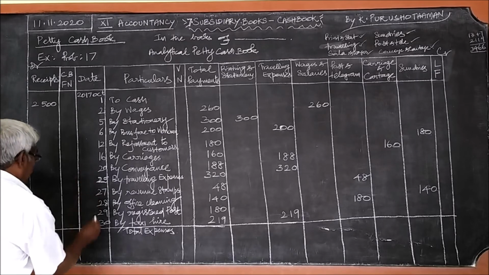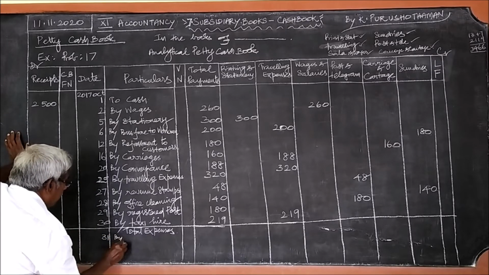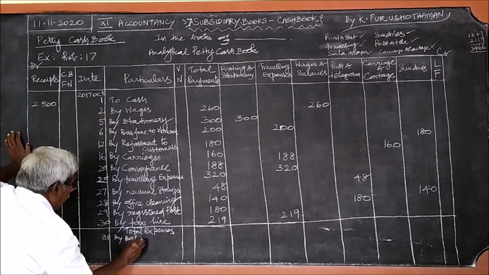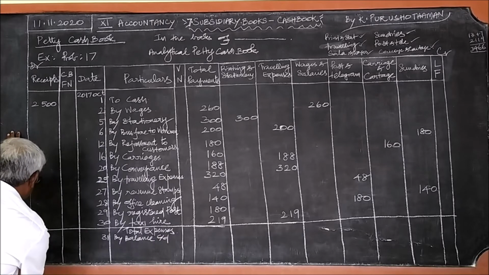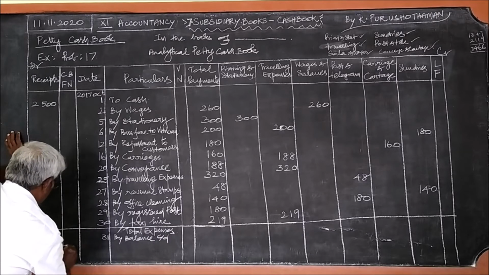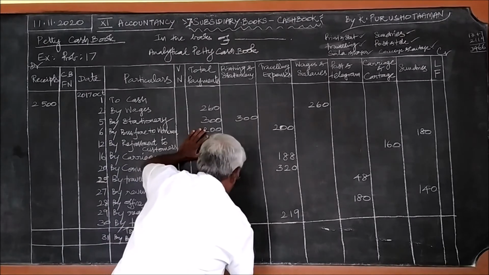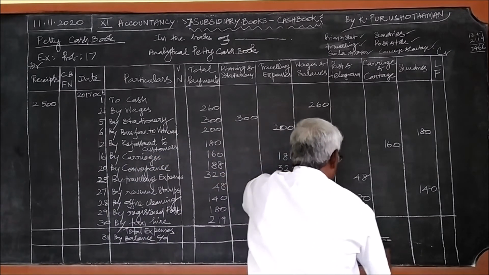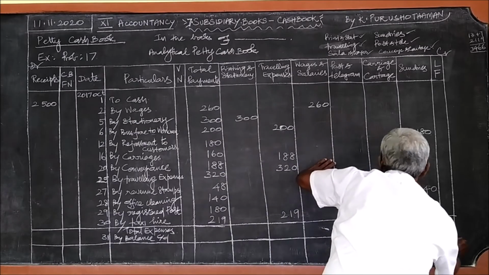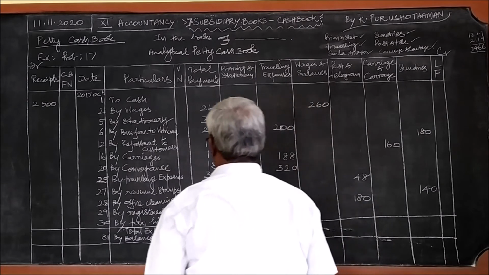And on October 31st, by balance carried down. So we can find the total now.